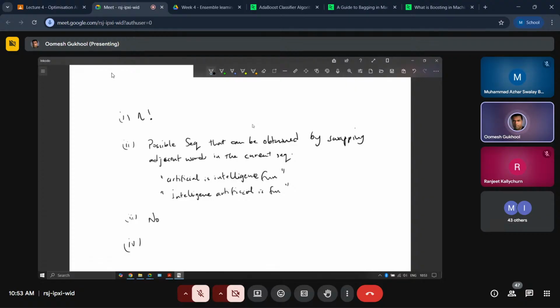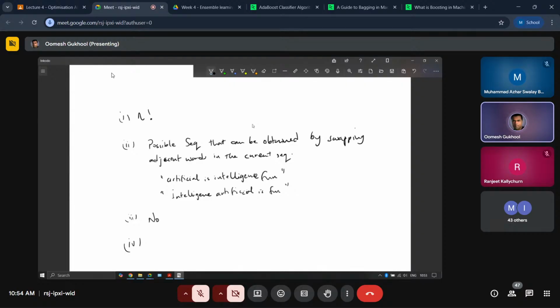Theoretically, it can find a global solution as running time reaches infinity. That is, for this particular case, a sentence that makes sense.